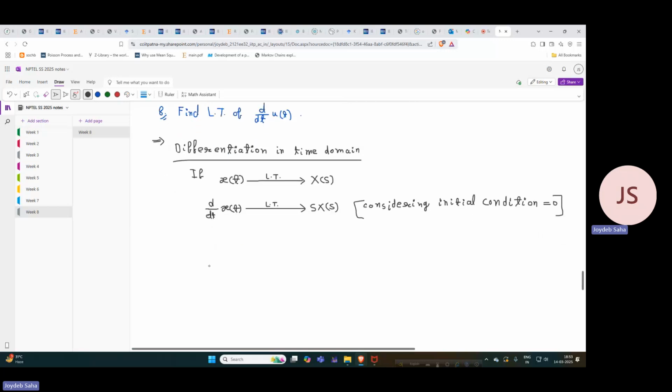In a similar manner, if we have d2/dt2 of x(t), then its Laplace transform is s square X of s.